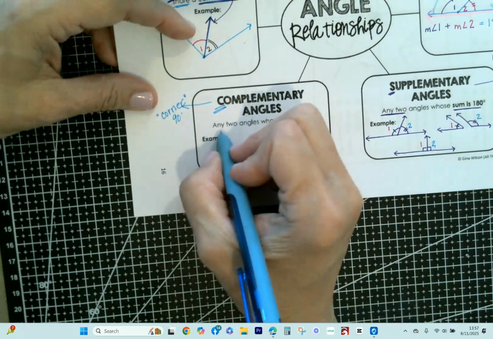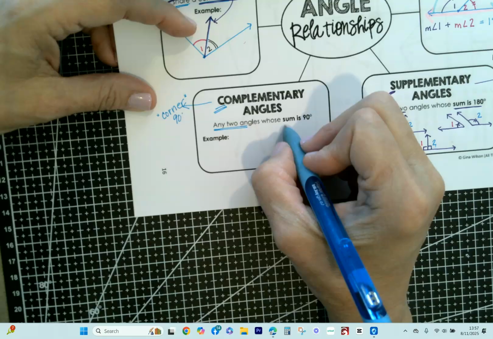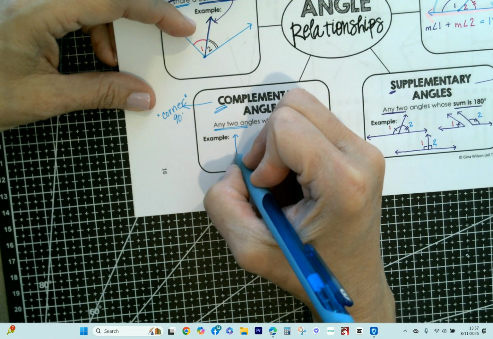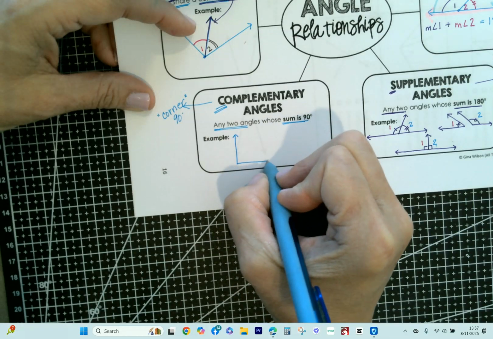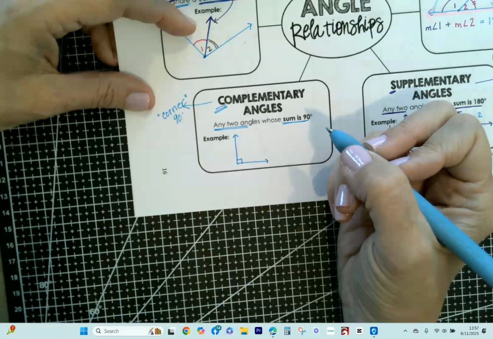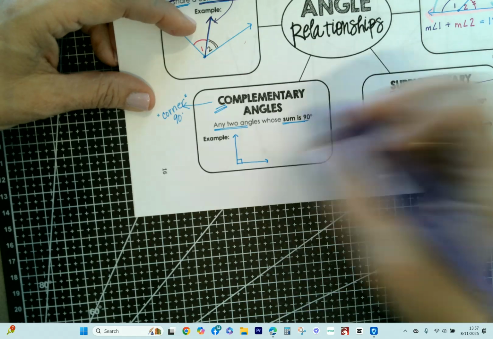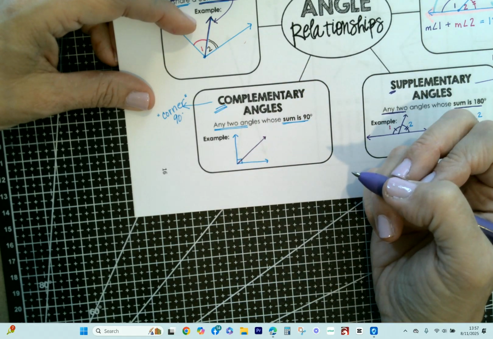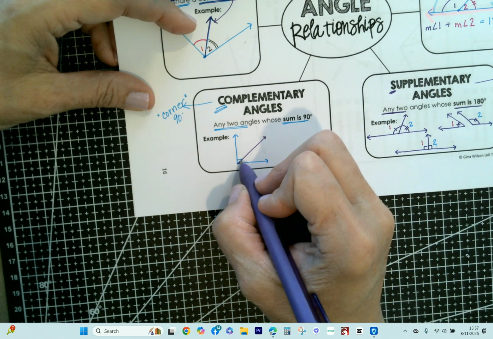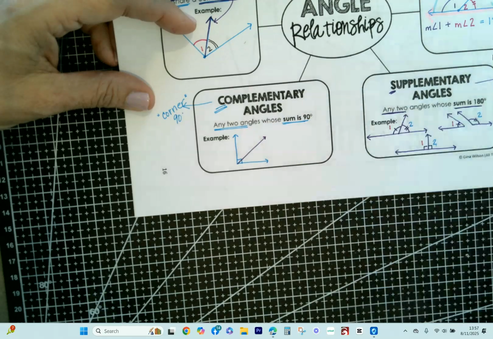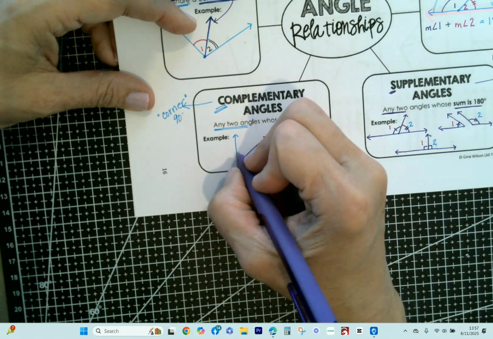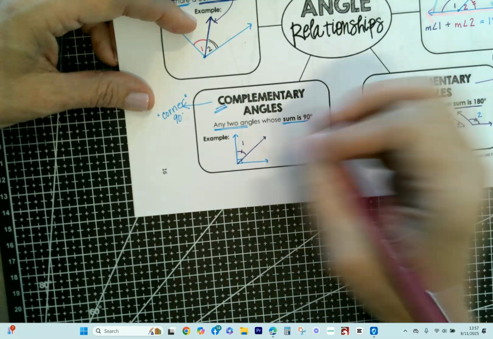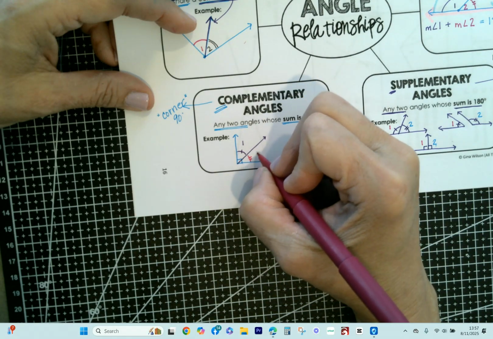Now, complementary is any two angles whose sum is 90. A couple of the easiest ones: straight up and down, straight out to the side, little box right there, but you'll have a common side right there, and it doesn't always go through the corner of the box. For instance, this is angle 1, and this one over here is angle 2.